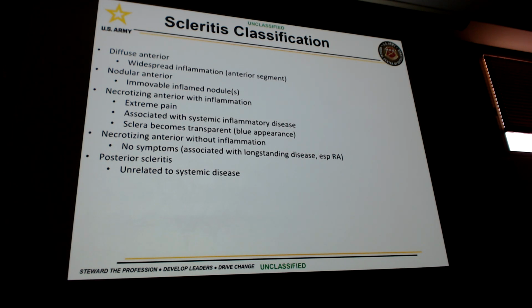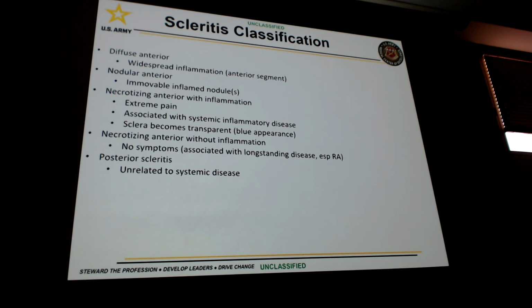Okay, a couple different types of scleritis. Probably useful information if you're in an eye care clinic. In my opinion, this probably goes a little too deep into what you need to know about scleritis. You're not really going to be treating scleritis, you're going to be punting this to ophthalmology so that they can treat it. Okay? But there are a bunch of different types of scleritis: anterior, posterior.